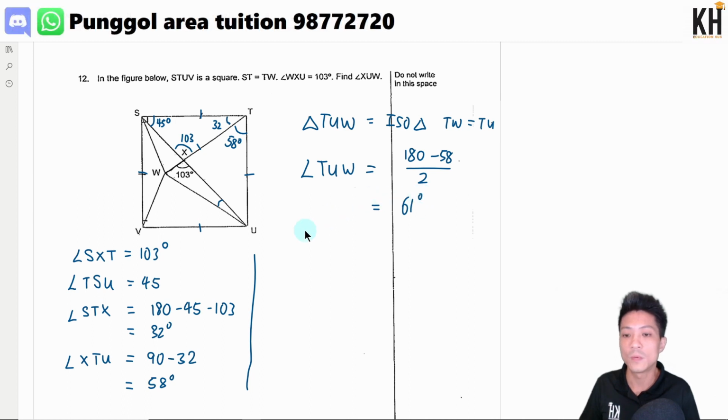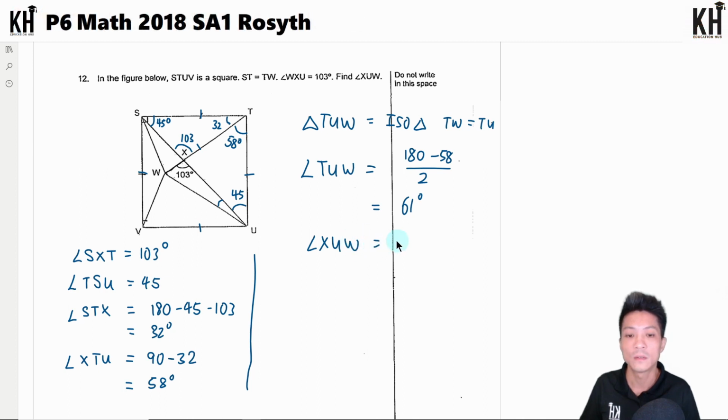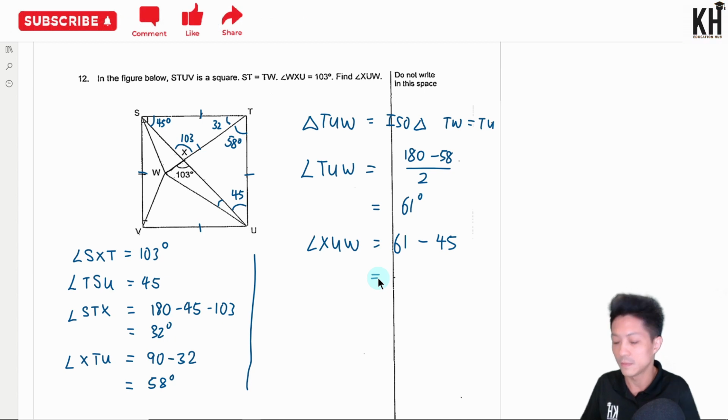It is 61 degrees. So this whole thing here is 61. And I know that this angle here is also 45. So to find angle XUW, I need to use 61 minus 45. That will give me 16 degrees.